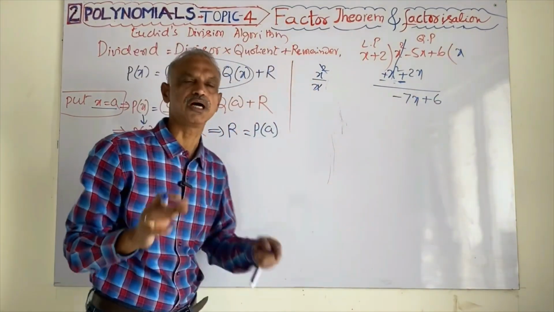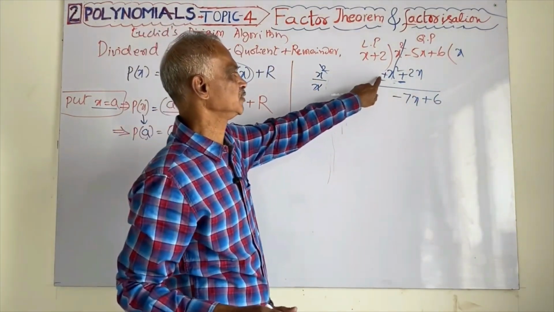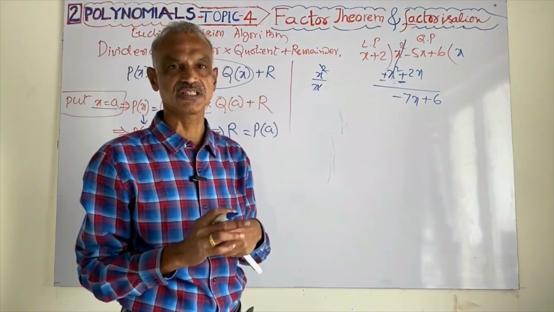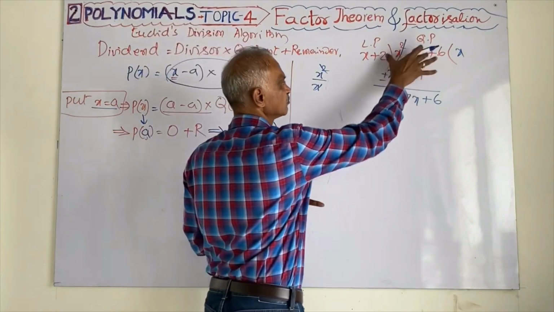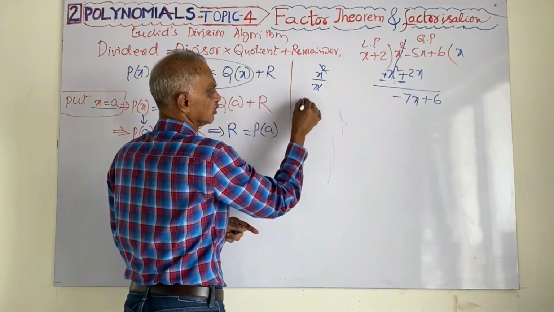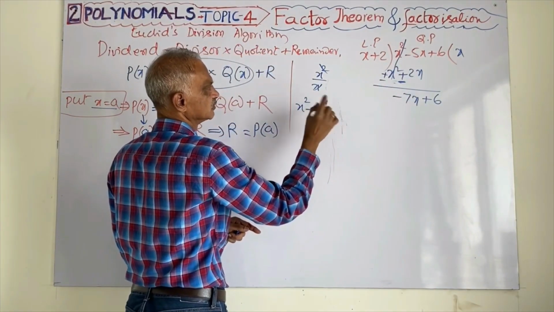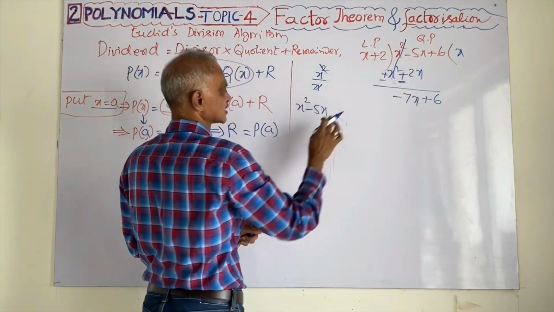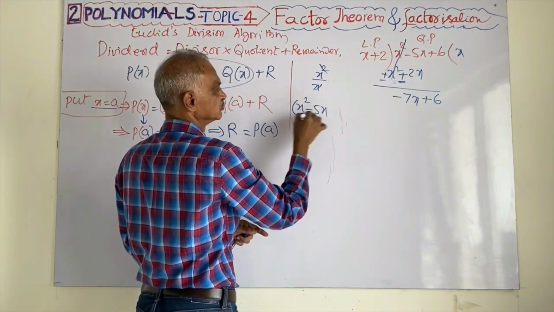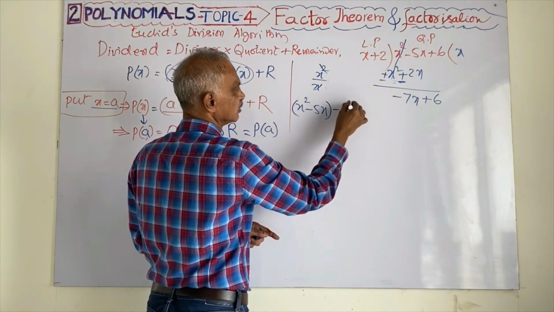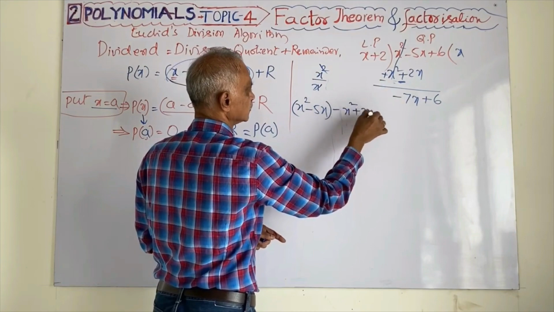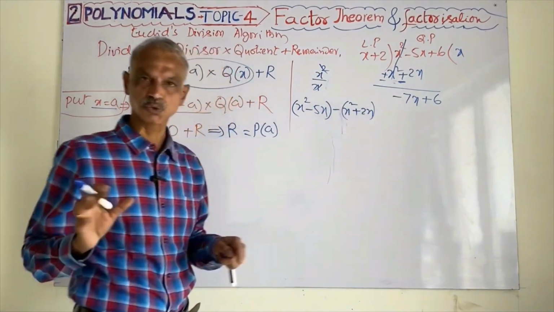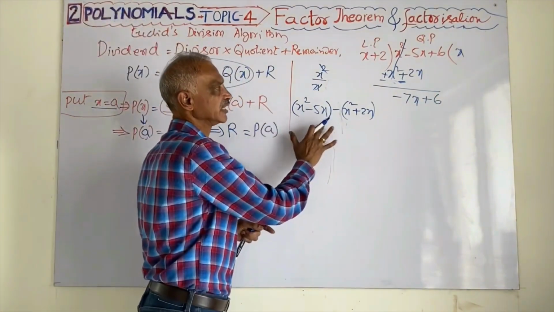Now you have a doubt: sir, why did you change the signs? Plus becomes minus, plus becomes minus. Why did you change the signs? Because I am subtracting this from this. I am subtracting x square plus 2x from x square minus 5x.